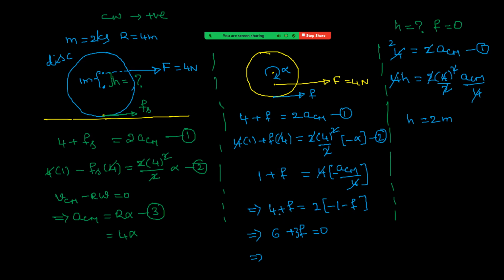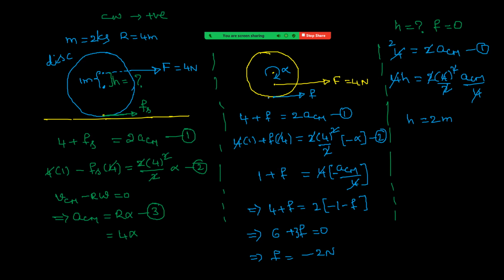Minus 2 taken here becomes plus 2, so 6. This is F minus 2F, that is minus F... so 3F equal to minus 6, so F equal to minus 6 by 3, it is minus 2. This minus indicates that the frictional force is on the left side.